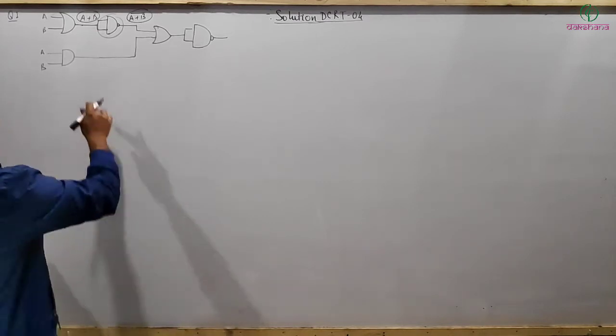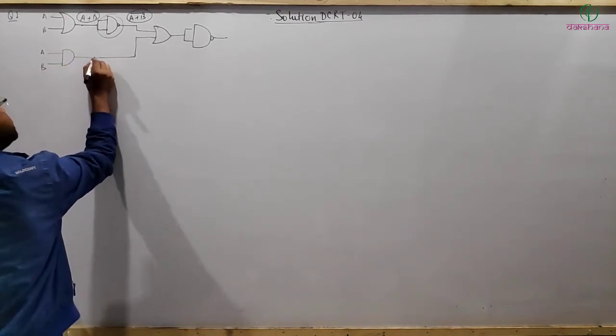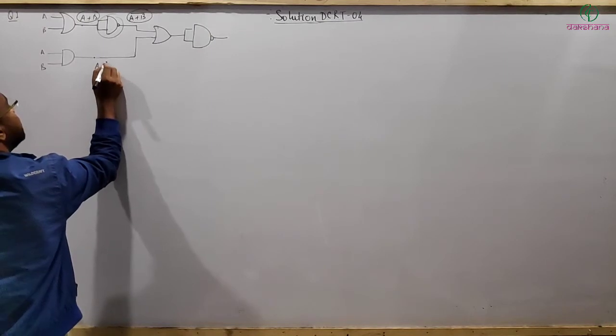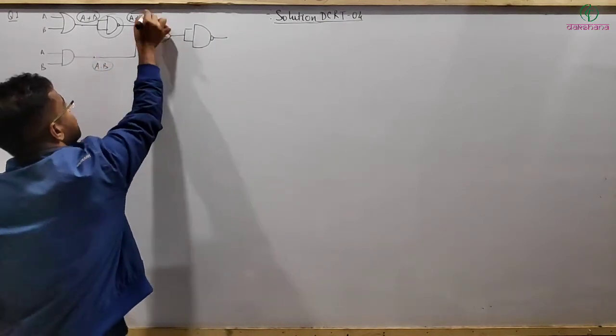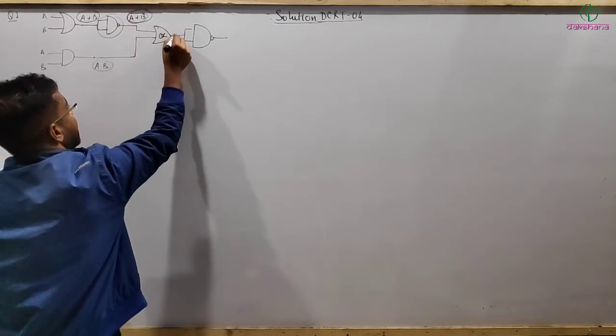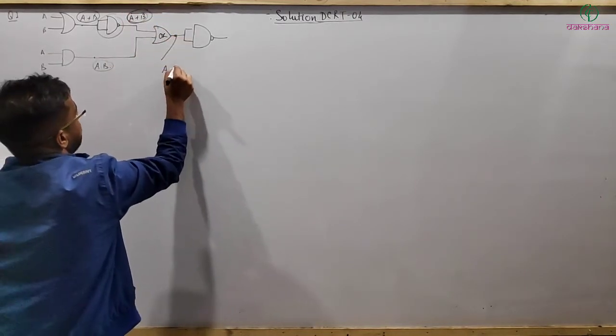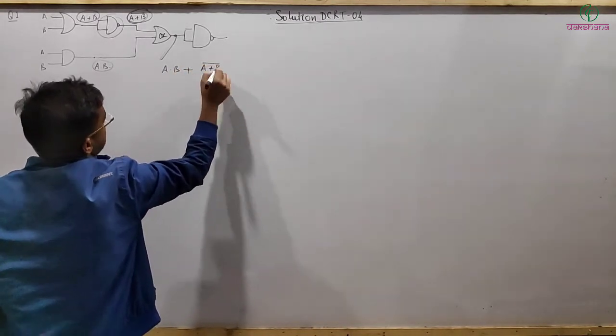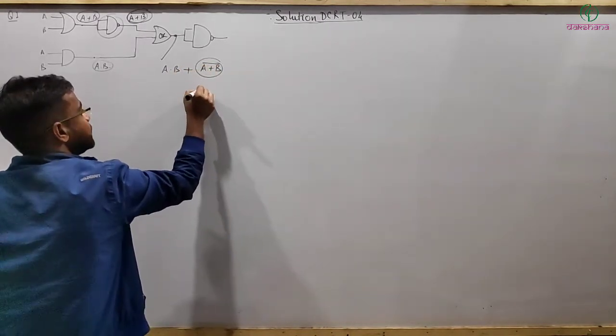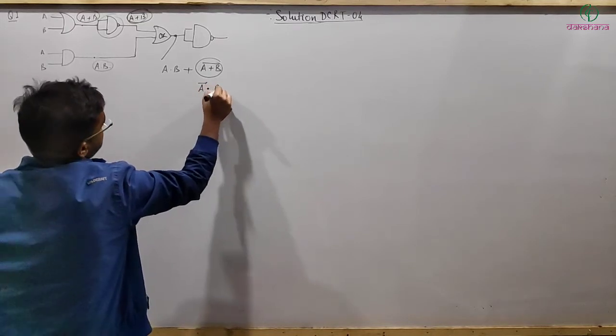A NAND gate acts like a NOT when both inputs are fed with the same signal. And this is an AND gate, so here we will have A bar dot B. Then this is an OR gate, so this plus this gives A dot B plus A plus B bar, and this can be further written as A bar dot B bar.